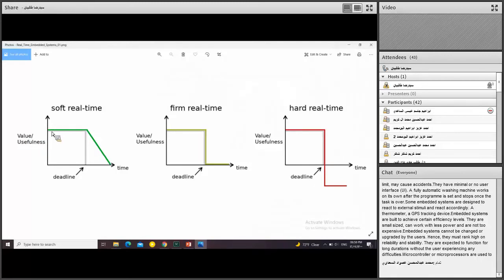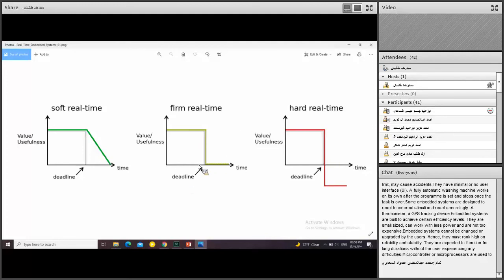Soft real-time means that the value or usefulness holds up to the deadline. After the deadline, the usefulness will be low, but the value decreases gradually.